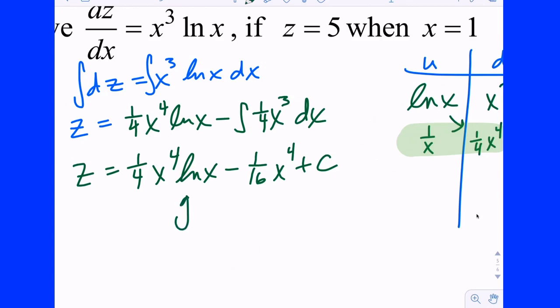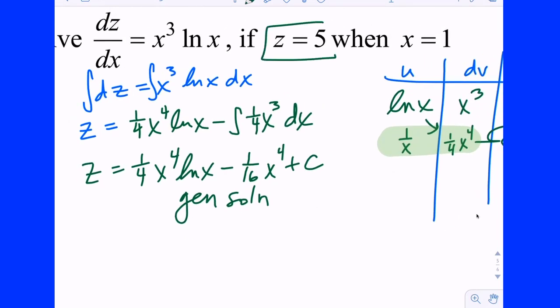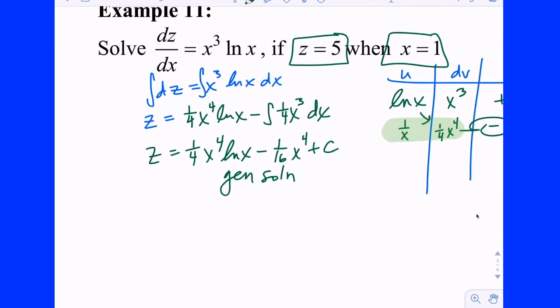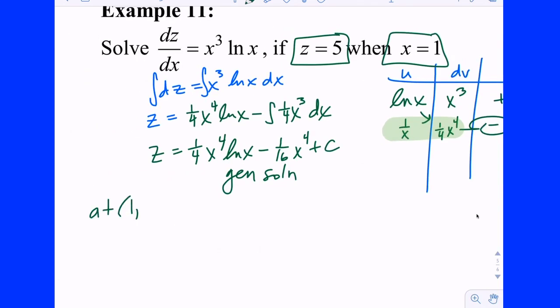Now that is the general solution. It's solved for z in terms of plus c. Now I have to find the particular solution. So we'll say at the point (1, 5), showing that we're plugging in, 5 would equal 1/4 times the natural log of 1 minus 1/16 plus c.